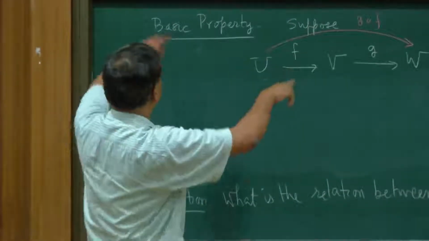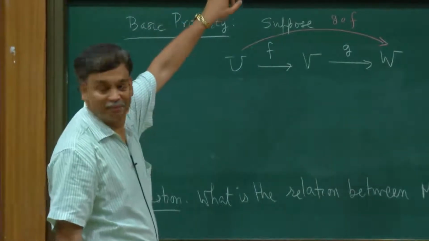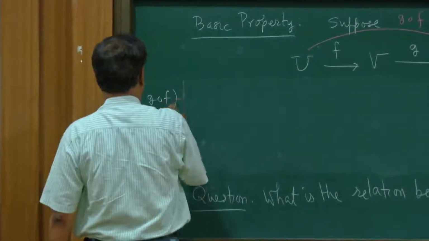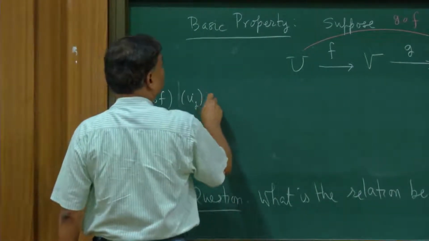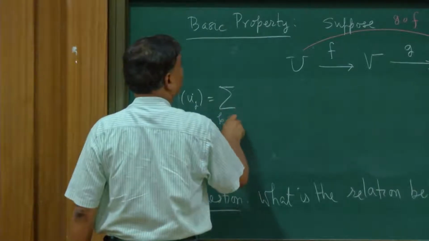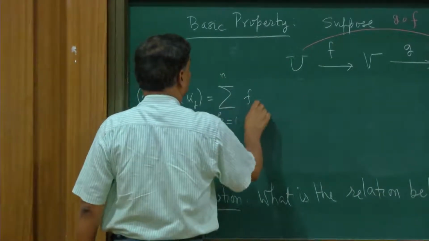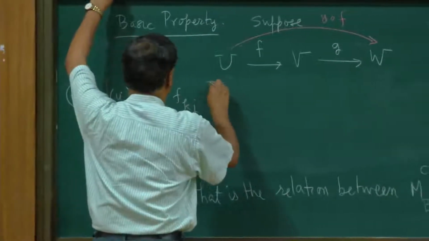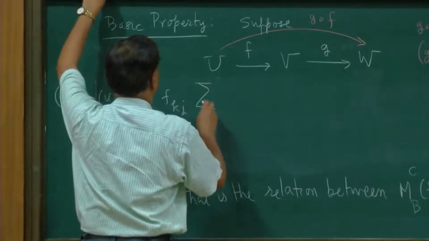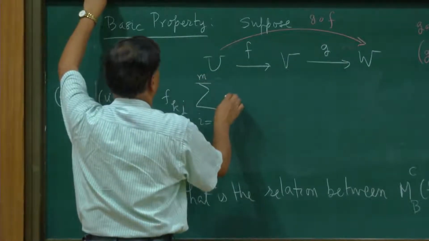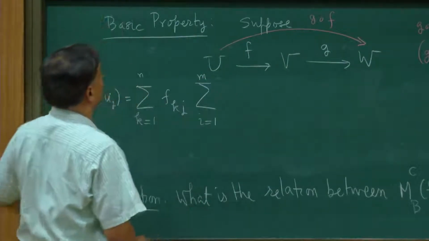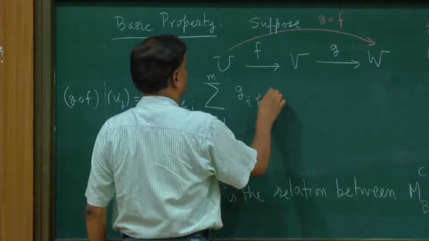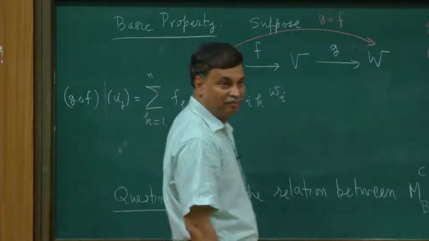Now I can express G of Vk by the second formula. So G composed with F at Uj will be the summation K going from 1 to n of F of Kj, and now G of Vk will be, you can help me, the summation, I have not used I, so let us say I going from 1 to m. What will it be? G I K, because it is multiplied by Wi, right?